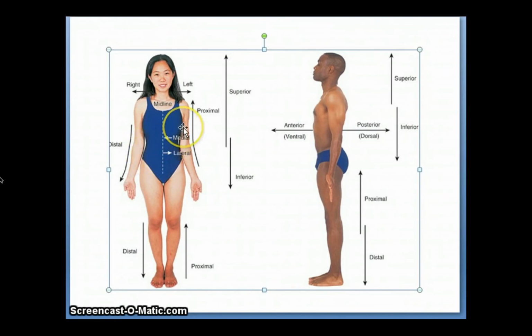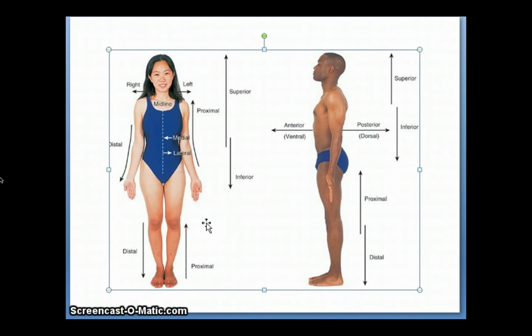If I said the left arm and the right leg are blank, your answer would be they are contralateral. They are on opposite sides. So when you see me, or in other situations, use two right sides or a right and a left, the terms you should be using are ipsilateral if they're on the same side, and contralateral if they are on opposite sides. So again, this is just a review of your basic terms in terms of directional terms.